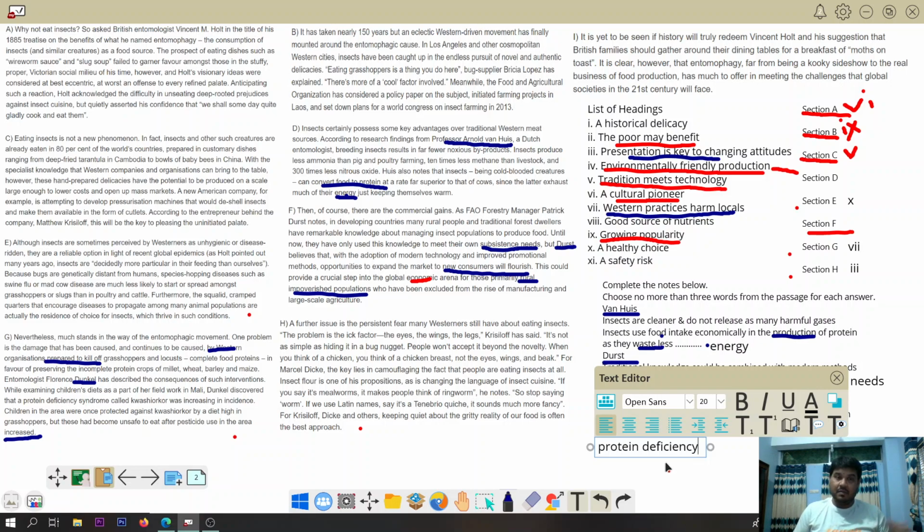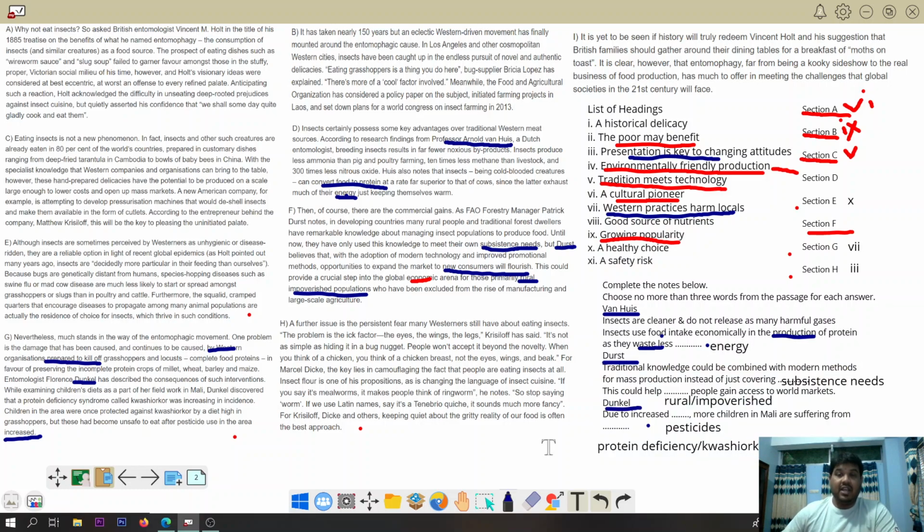They can't get a lot of protein, and they're suffering from this protein deficiency. Or we can also write the name of the particular disease. And so there you go. That is how we can find the answers.